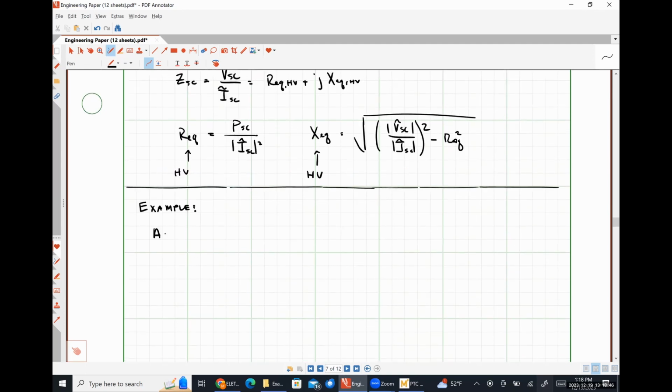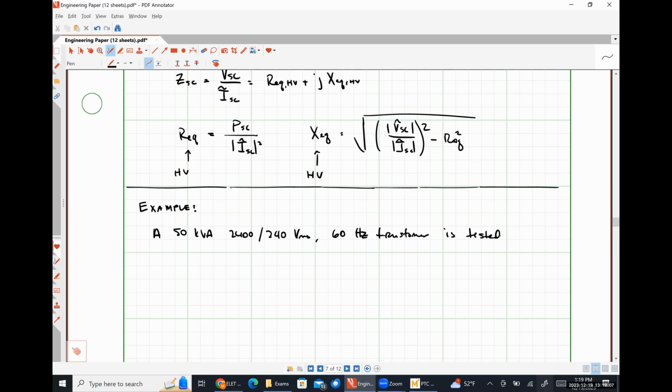So let's say that we have a 50 kilovolt ampere, 2400 to 240 volt RMS, 60 hertz transformer. Is tested and the following data is collected.